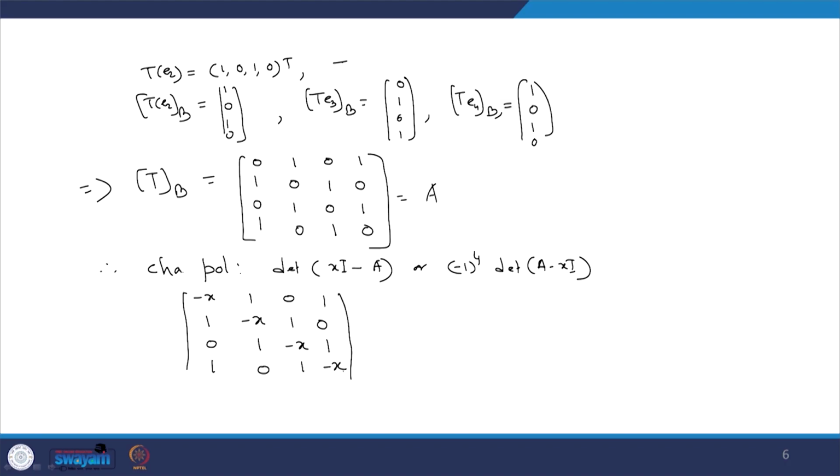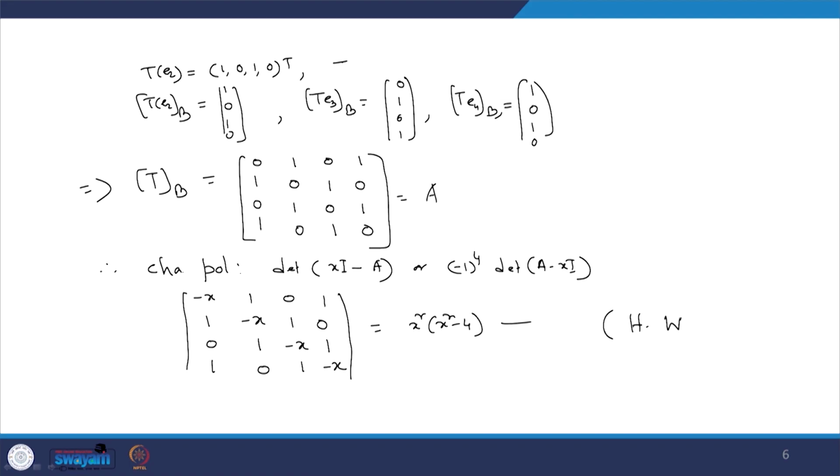So, determinant of this quantity, you will see that it is x square into x square minus 4. So, this thing we can check. Leave it as a homework.